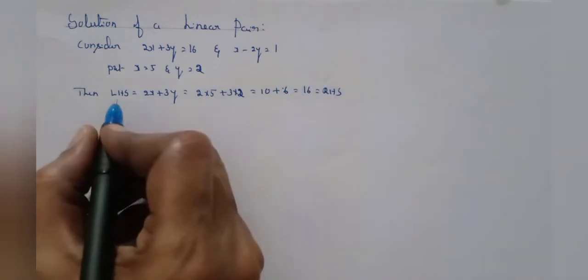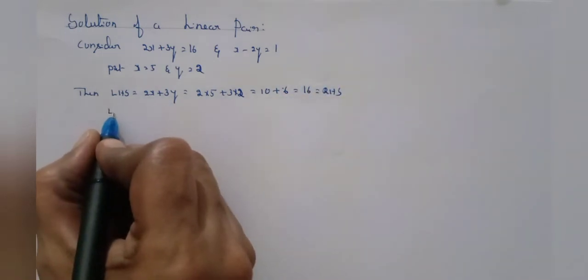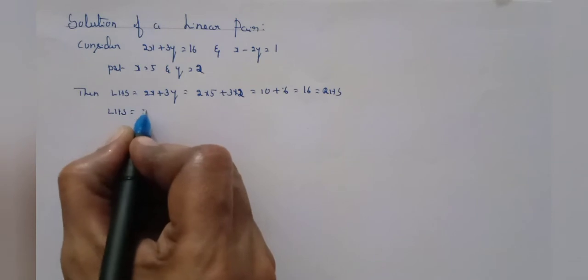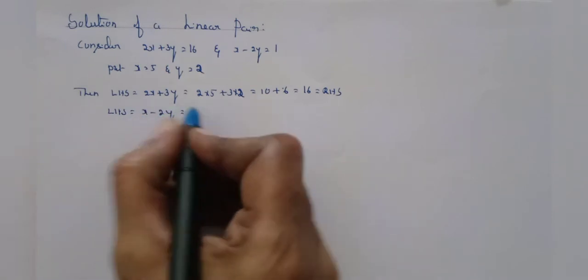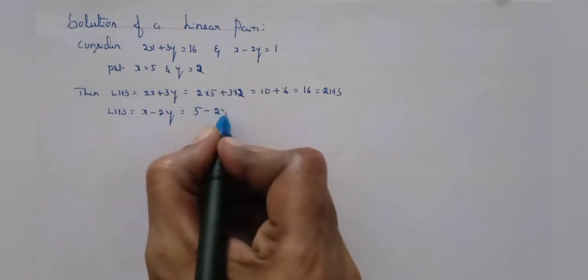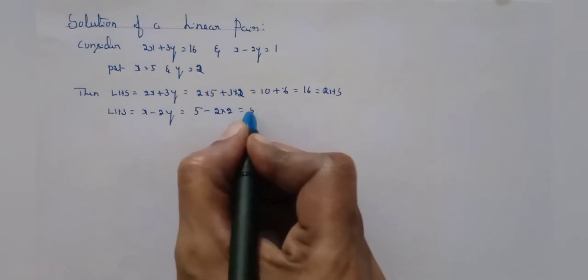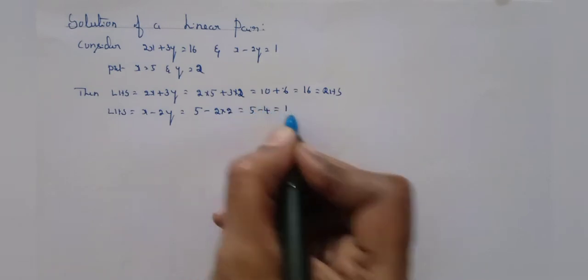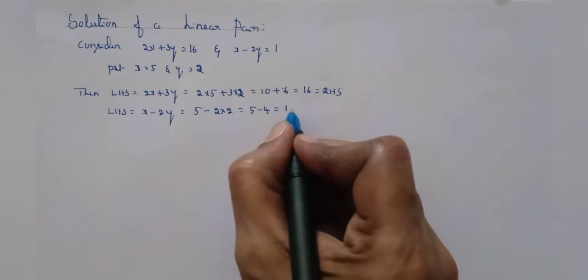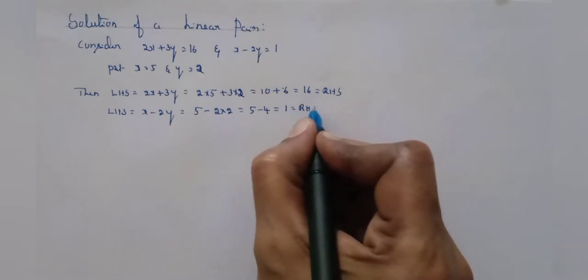Next, consider the LHS of the second equation. x minus 2y. x is 5, minus 2 into 2. 5 minus 4 is equal to 1. 1 is the RHS of the second equation.